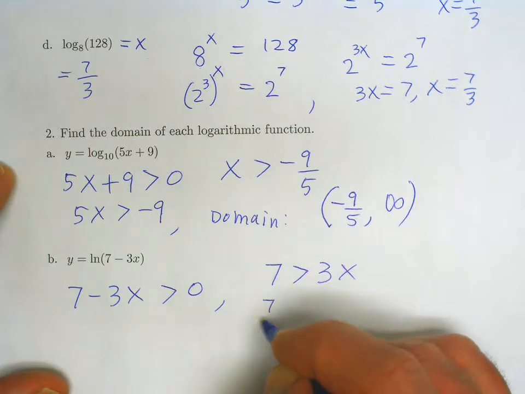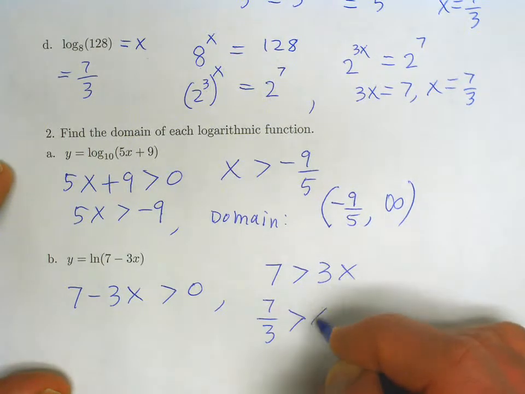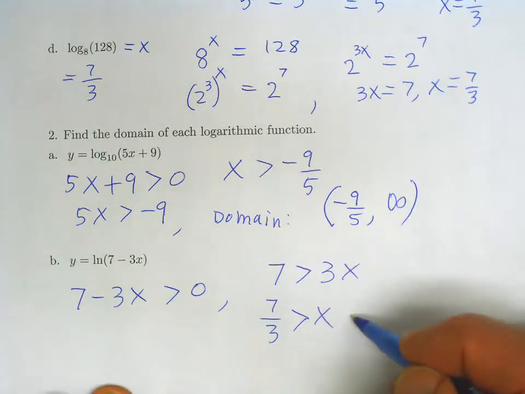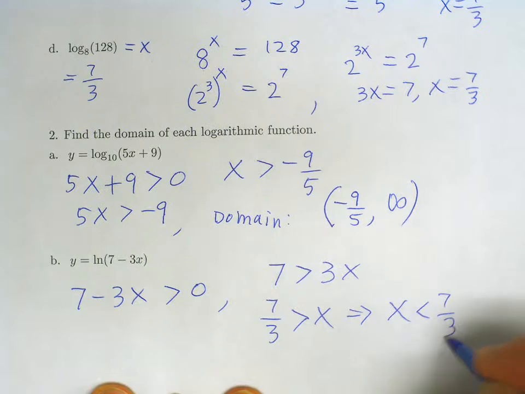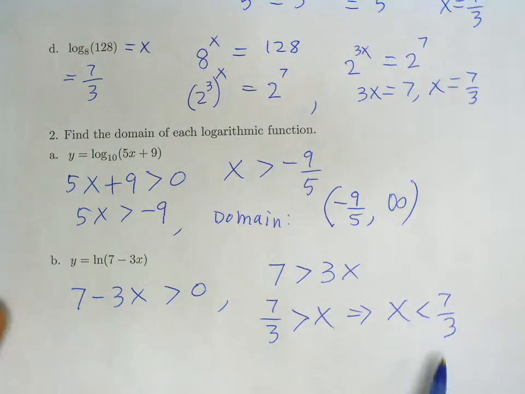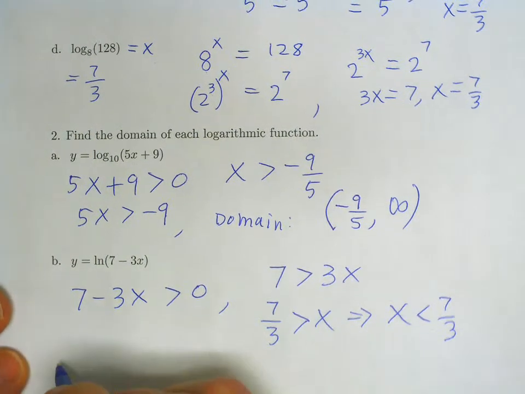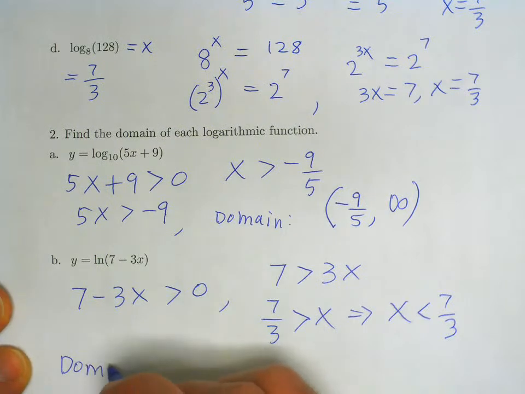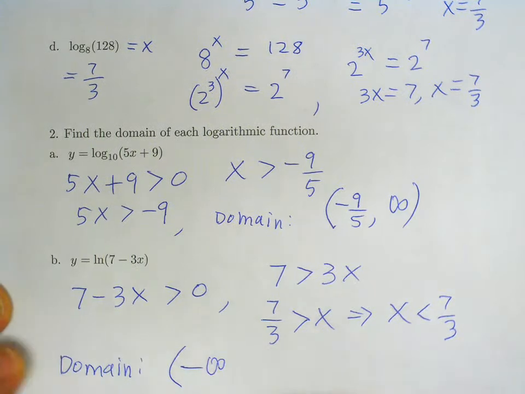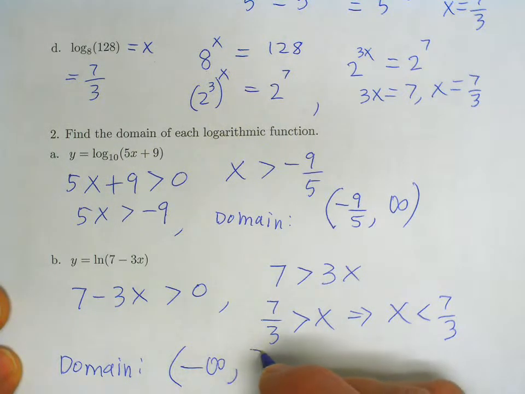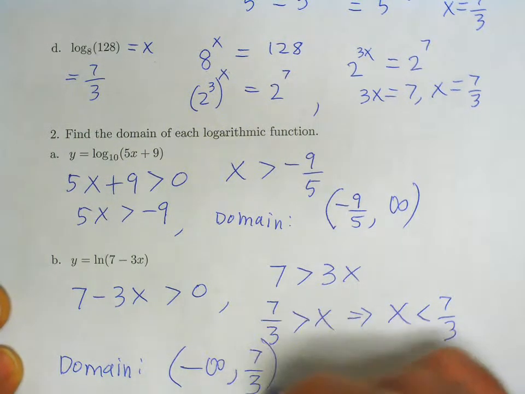And so 7/3 has to be greater than x. But this just means x has to be less than 7/3. So if x is less than 7/3, then the domain in interval notation is parenthesis, negative infinity, comma, 7/3, parenthesis.